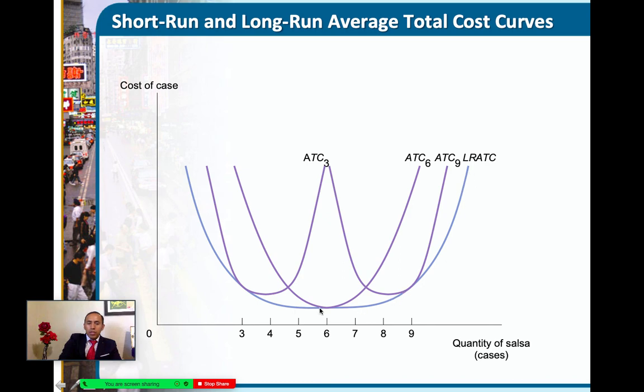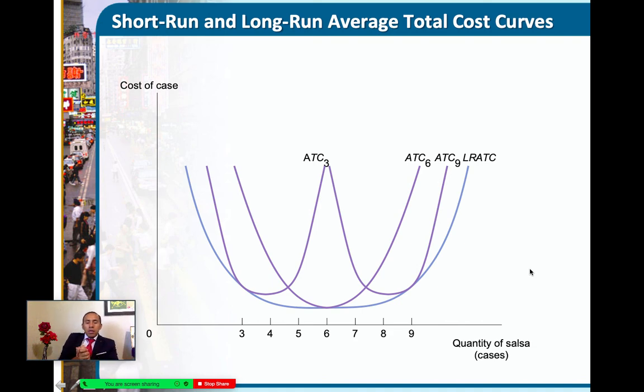So notice how this long-run average total cost curve is a simultaneous effect of the short-term production cost curves. Actually, you adjust the cost of production based on your capabilities as a firm. You want to produce 3 units, your average total cost curve should reflect 3 units of production in the long term. You want to produce 6 units, your average total cost should reflect 6 units in this ATC 6, and also in the long run, and so on for 9 units.